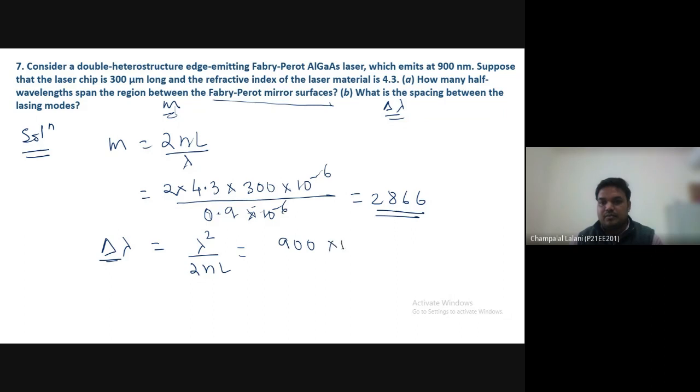So it is (900 into 10 to the power minus 9) whole square upon 2 into 4.3 into L, which is 300 micrometers, that means 300 into 10 raised to the power minus 6.